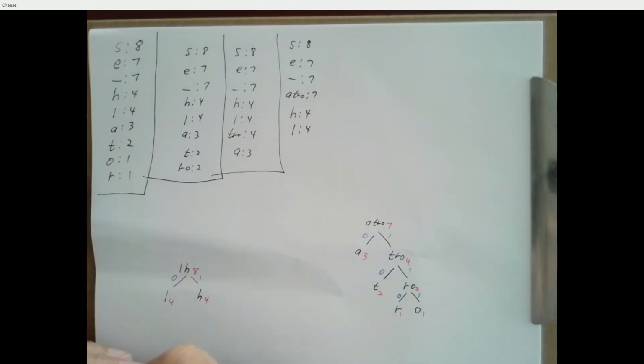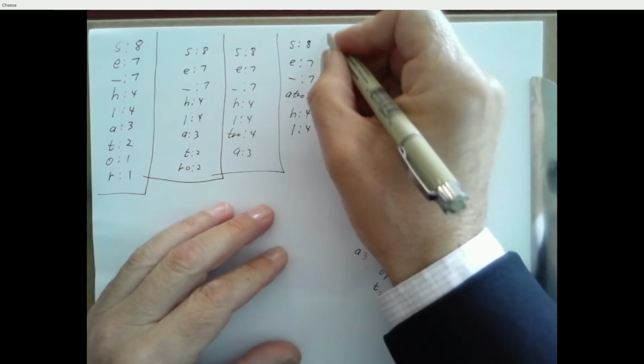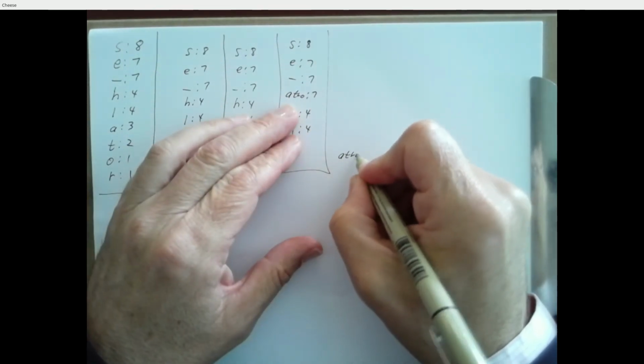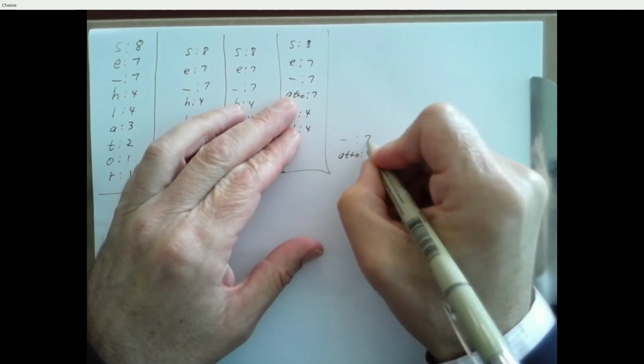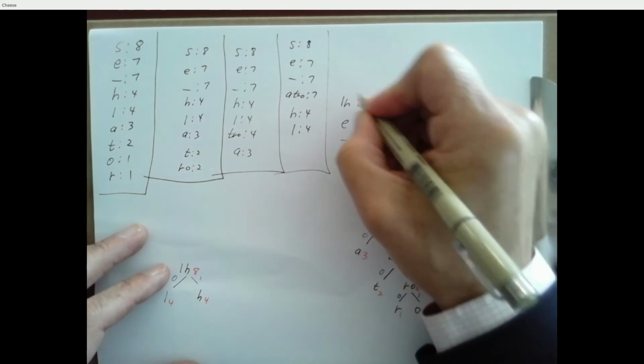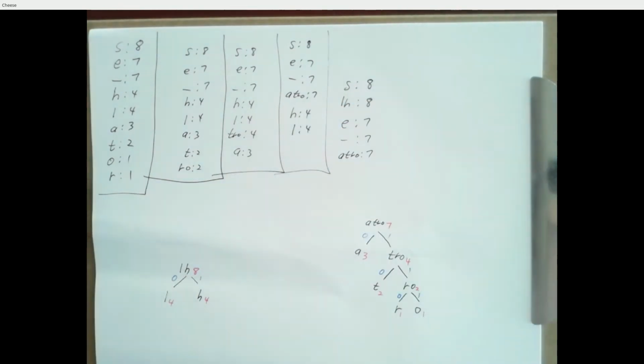Is anybody completely lost? It's okay. Okay. So now LH has a frequency of 8. So redo your frequency analysis. So the lowest frequencies are ATRO at 7, underscore at 7, E at 7, LH at 8, and S at H.